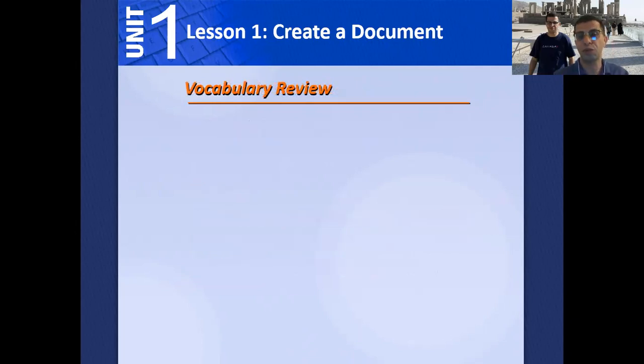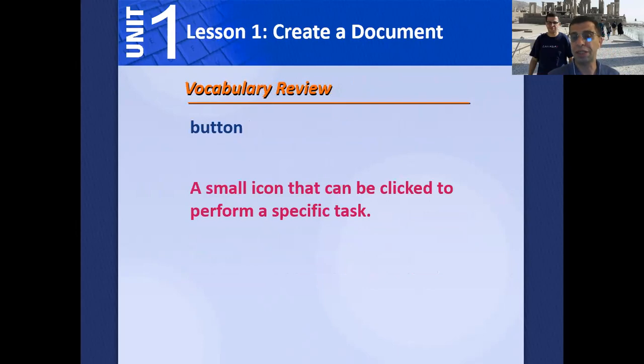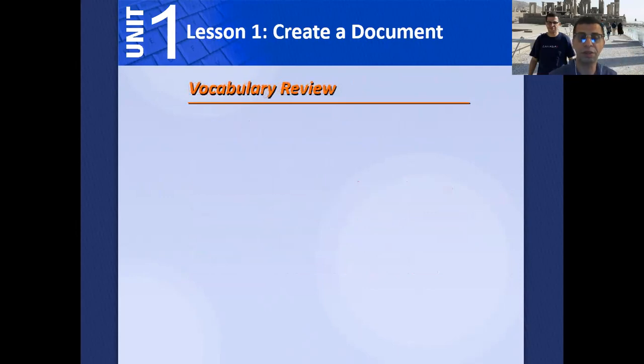Now, let's review the vocabulary. We have something called a button. A button is a small icon that we saw in the ribbon that can be clicked to perform a specific task. So it could be on the ribbon or anywhere the button is there. What's a title bar?